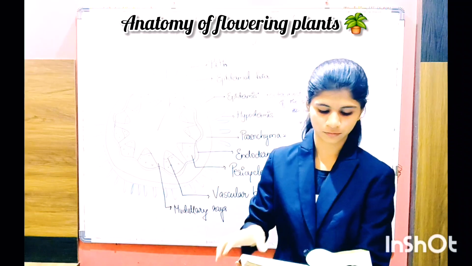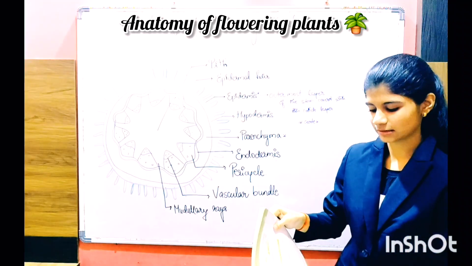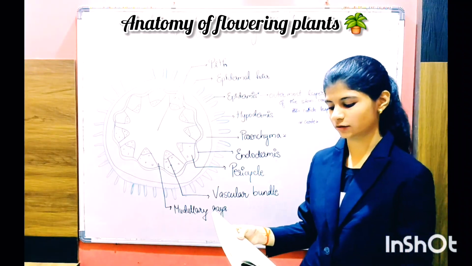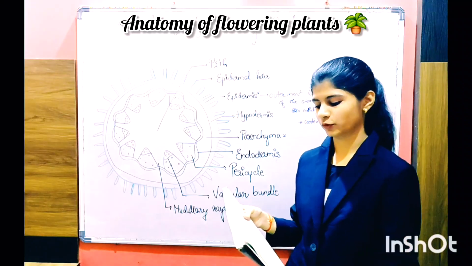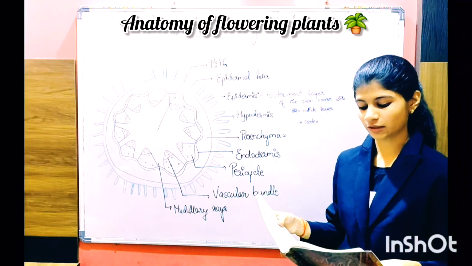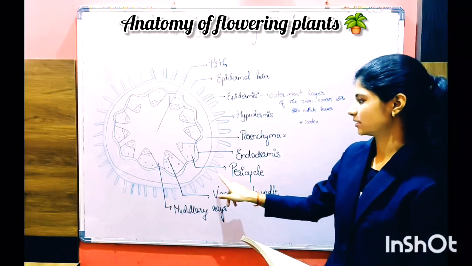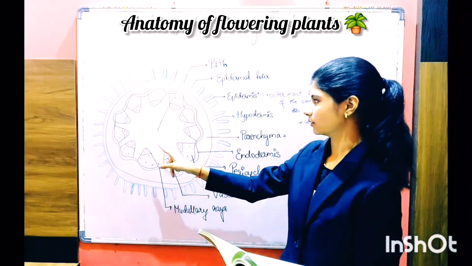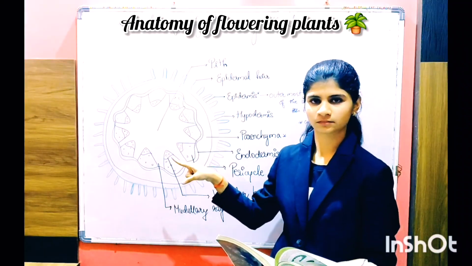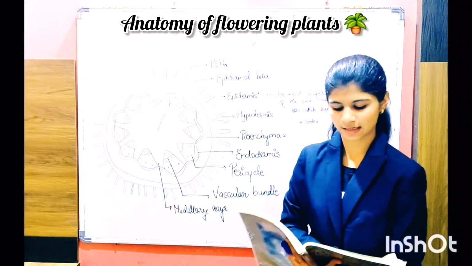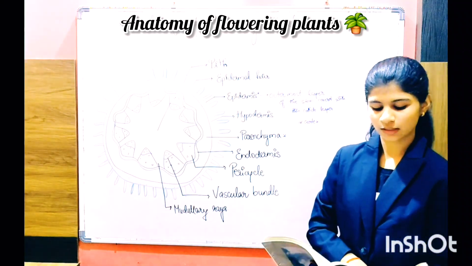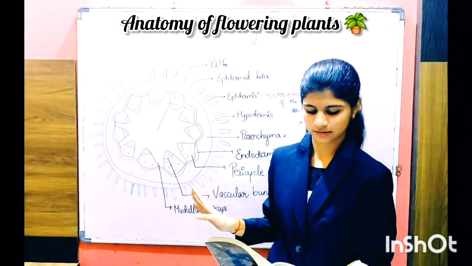Now, let us talk about the pericycle. The pericycle is present on the inner side of the endodermis and above the phloem in the form of semilunar patches of sclerenchyma. It is like semilunar patches of sclerenchyma cells.